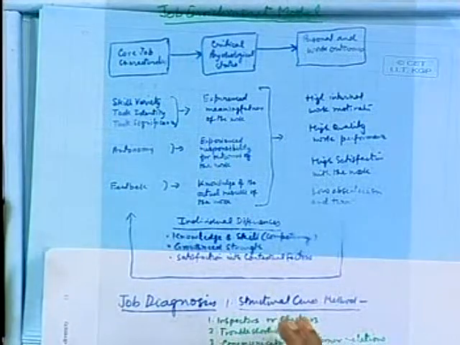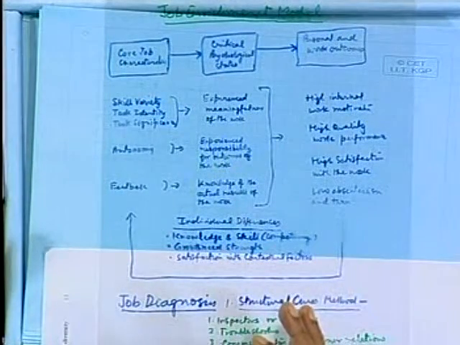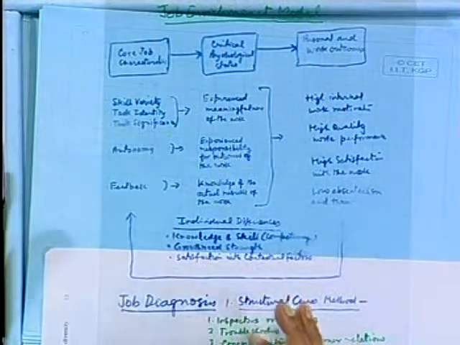So you have to see that you give due importance to each of the jobs which is performed by the individual. Only then you can say that yes, the person knows how significant his job is. Say for example, a person who is responsible to maintain a good relationship between the management and the labor, say industrial relations officer or the labor welfare officer.